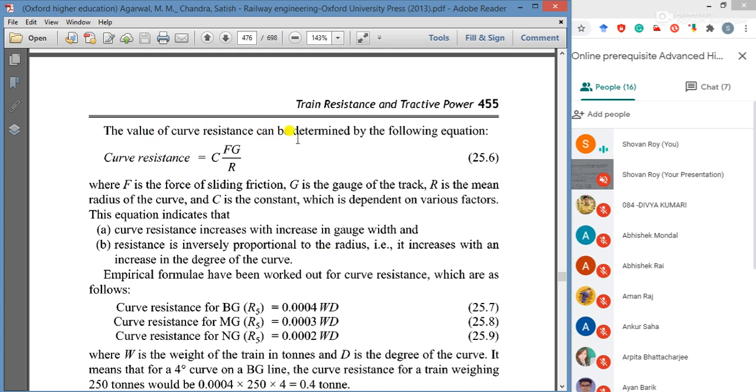The value of curve resistance can be determined by the following equation: curve resistance equals C into F G by R, where F is the sliding friction force, G is the gauge of the track, R is the mean radius of the curve, and C is a constant which depends on various factors. The equation indicates that curve resistance increases with increase in gauge width, and the resistance is inversely proportional to the radius, that is, it increases with an increase in the degree of curve.